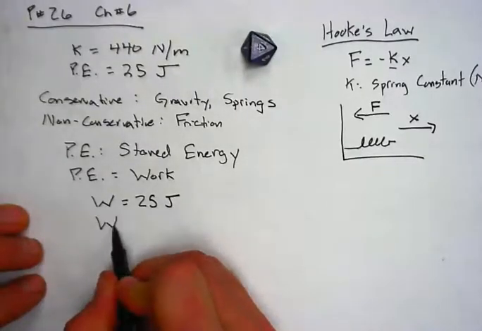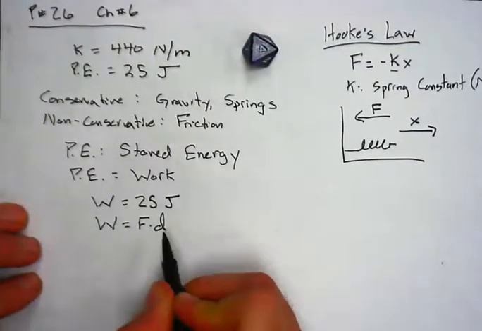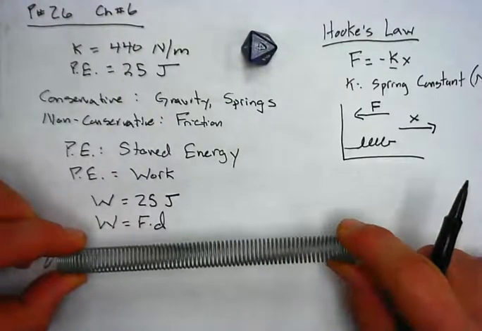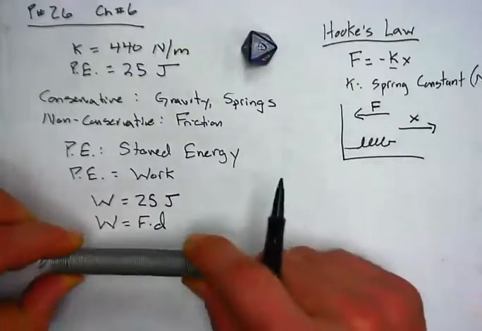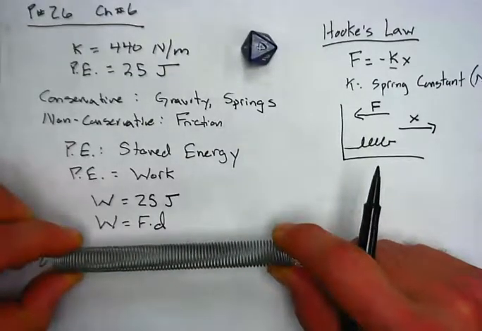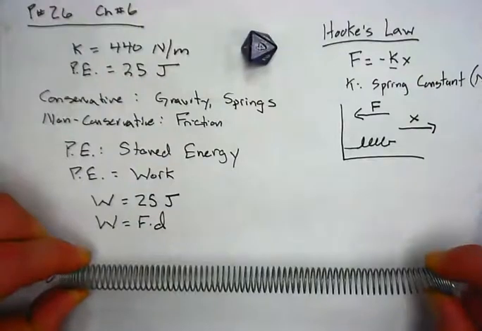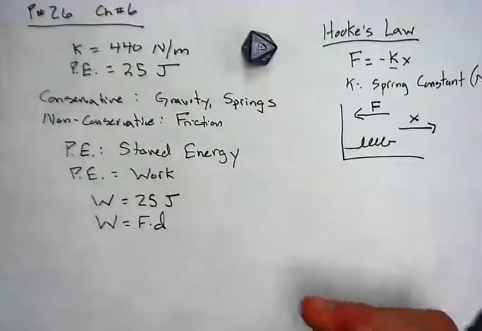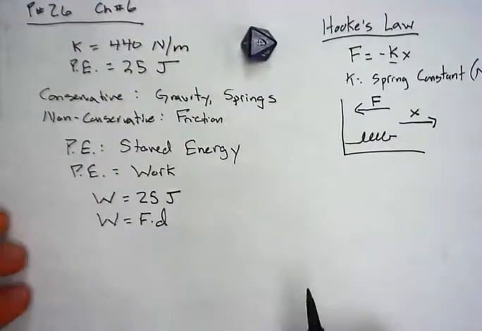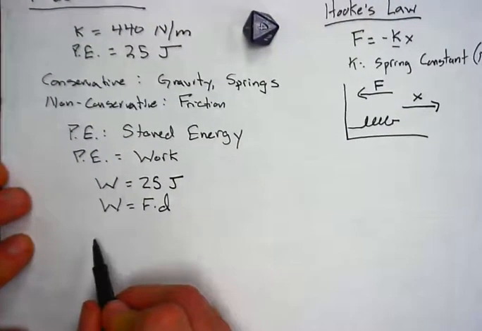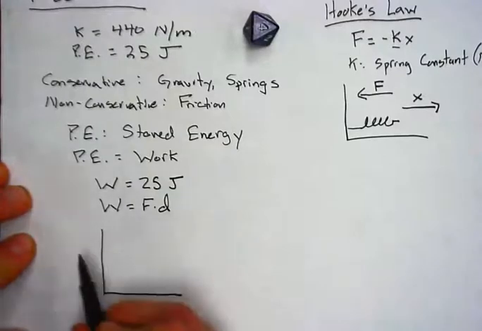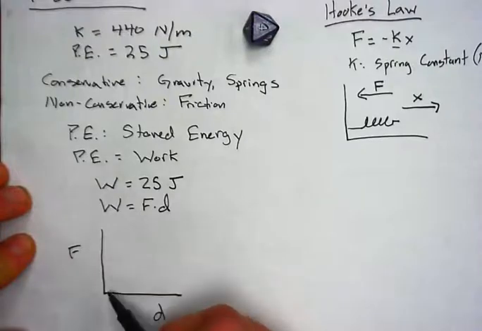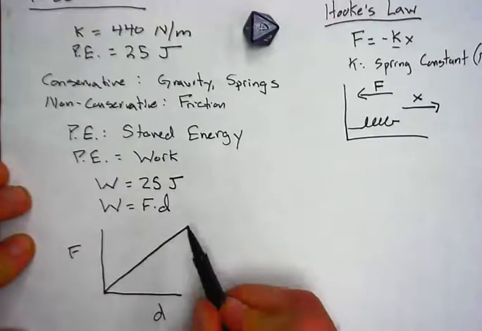Well, work is force times distance. But I have a problem here: my force is constantly changing with this spring. The force is 440 newtons here, 880 newtons there. I'm exaggerating, I didn't stretch it a meter, but you get the idea. So what I'm going to do is make a little graph of force versus distance, and the graph is going to look like this.